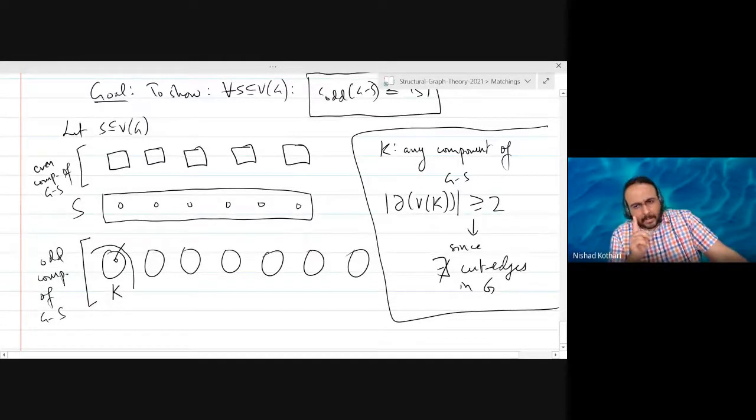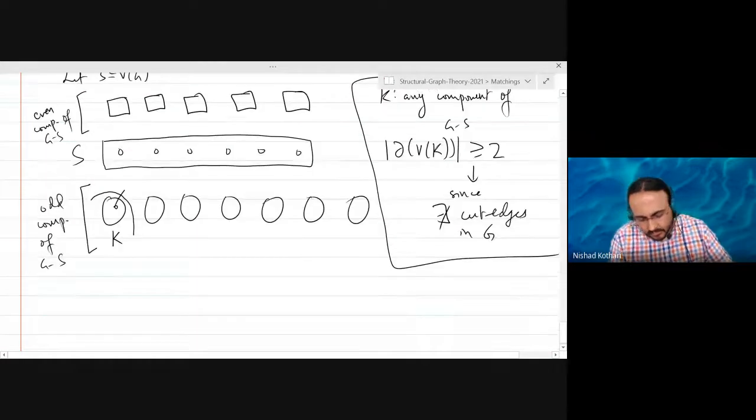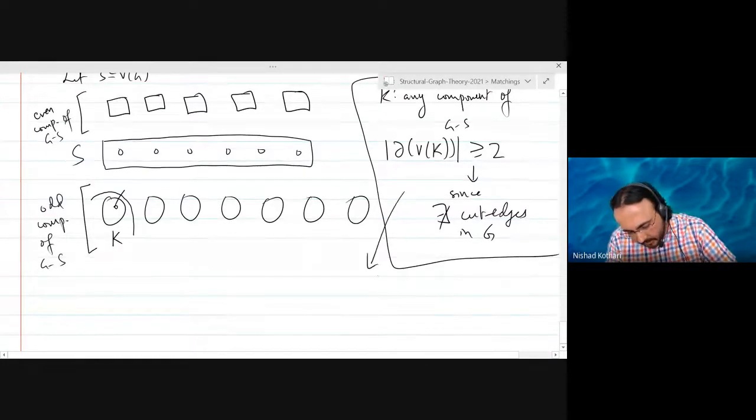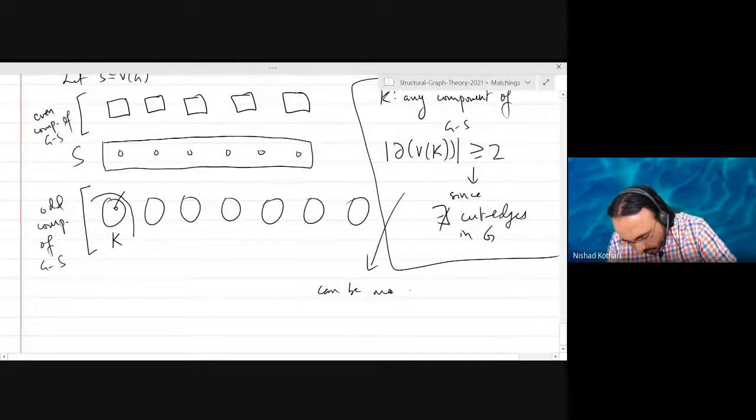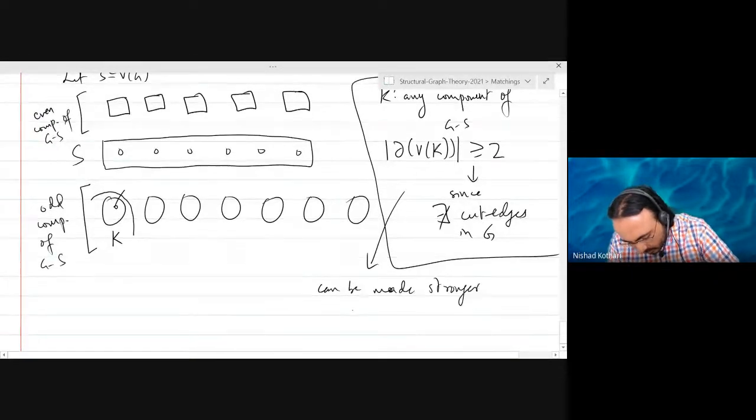But I claim that for odd components, you can say something stronger. It can be made stronger for odd components.